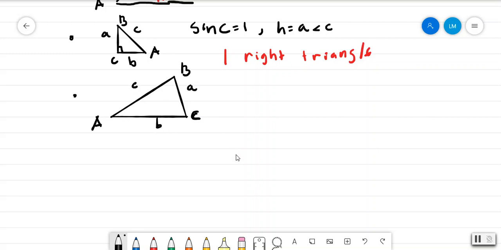This is when the sine of b is less than 1 but greater than 0.